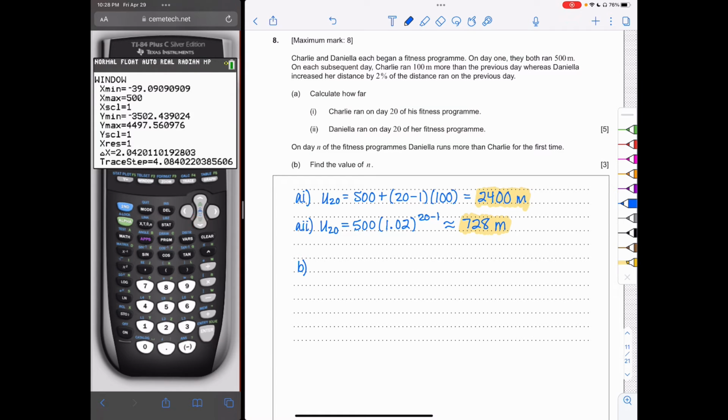And I'm going to make my Y maximum 8,000, so it can be a little stretched out. My X max, I'm going to make it 250 just to see.